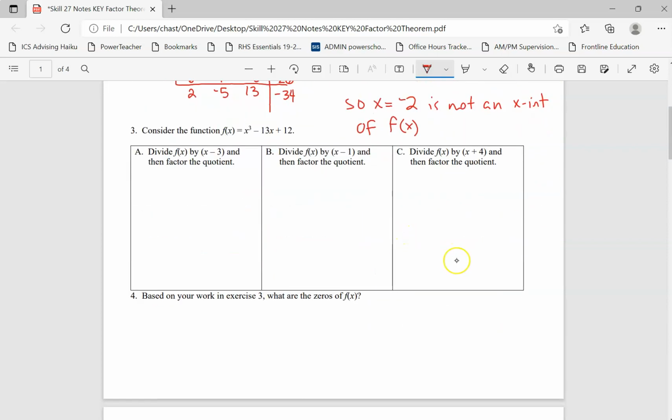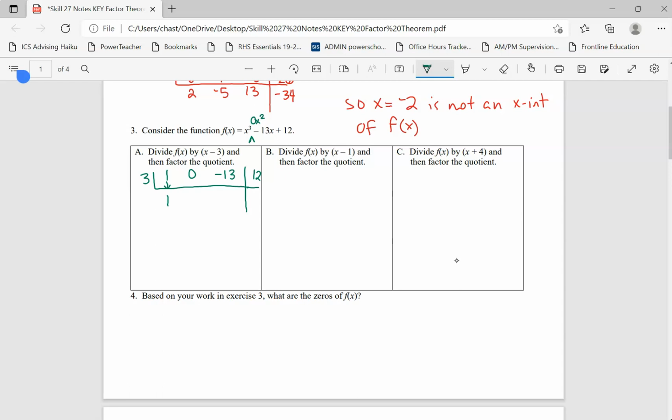Alright, consider the function f of x equals x cubed minus 13x plus 12. Okay, so first we're going to divide f of x by x minus 3. So that means I'm going to have 3 on the outside. Now please note here that there is no x squared term, so we need to insert that in. So we're going to write our coefficients of 1, 0, negative 13, and 12.